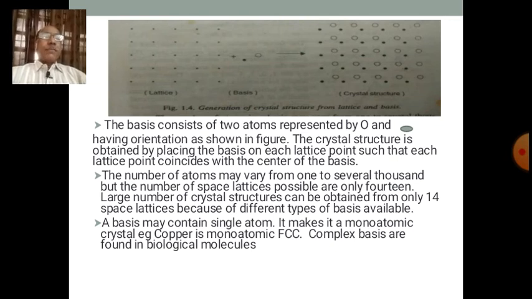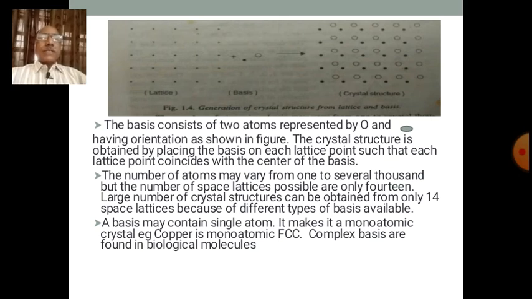Immediately after the plus sign, a small basis consisting of two atoms, one a solid dot and another a hollow circle, is shown. This is a diatomic basis, having the orientation shown in the figure.